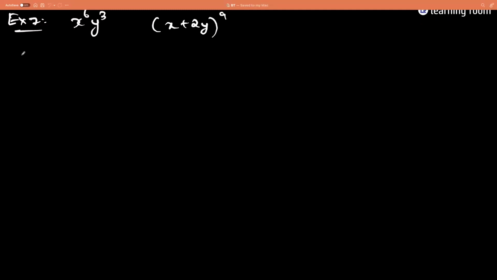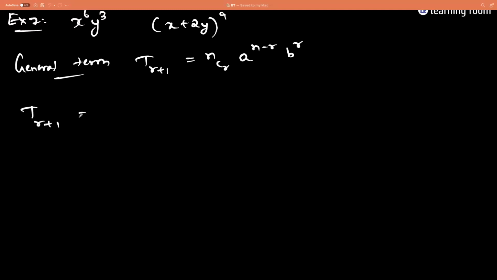For this, how you should start is the general term T r plus 1 is equal to nCr into a power n minus r into b power r. So T r plus 1 in this will be, n is 9, 9Cr into a is x power 9 minus r into (2y) to the power of r. Am I right?